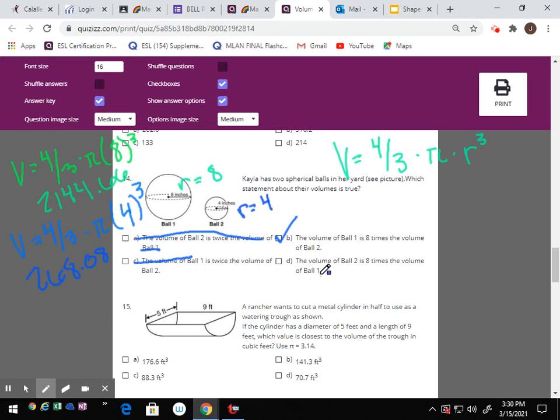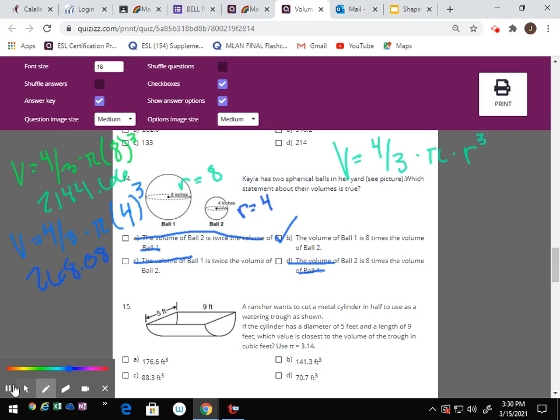So we're going to multiply ball 1 by 8 to see if it equals ball 2, which is also going to be way too high. We're doing 2,144 times 8 to get 268, which is not possible. So B is the correct answer for question number 14.